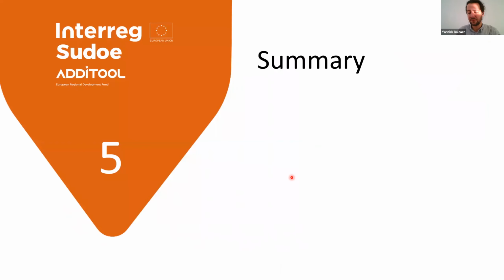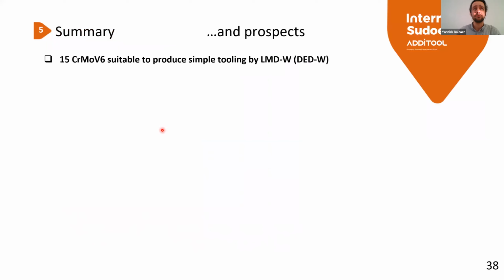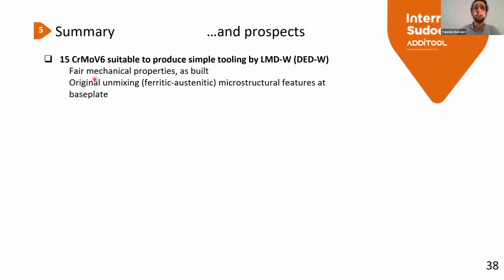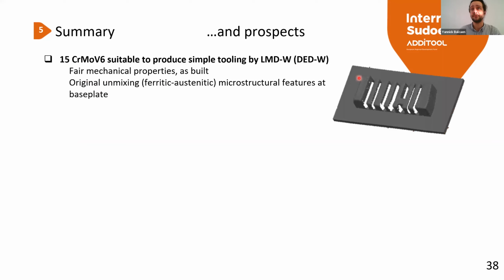To give a brief summary and more prospects on these two studies, I would like to present a brief summary on 15CrV6 results obtained by directed energy deposition by wire, which have good mechanical properties to build some kind of geometric assessment tooling.